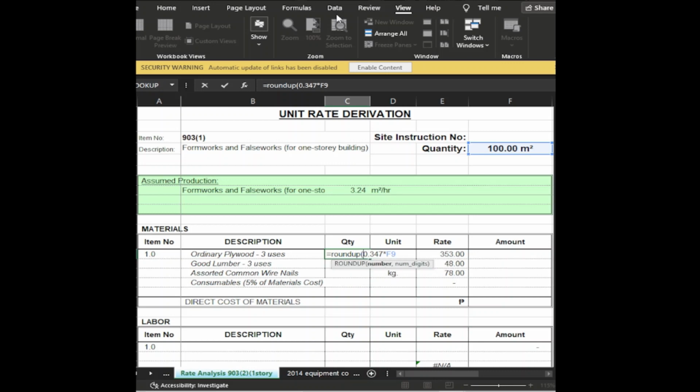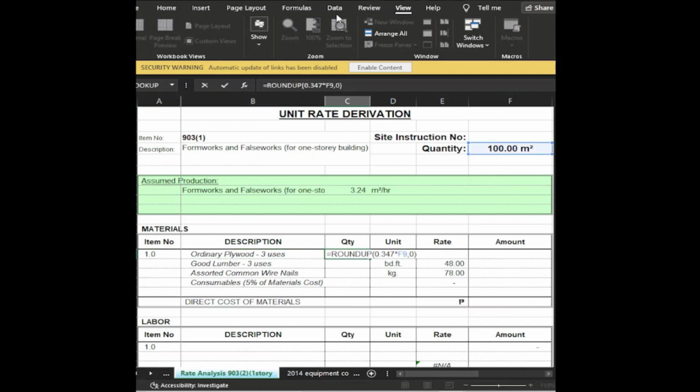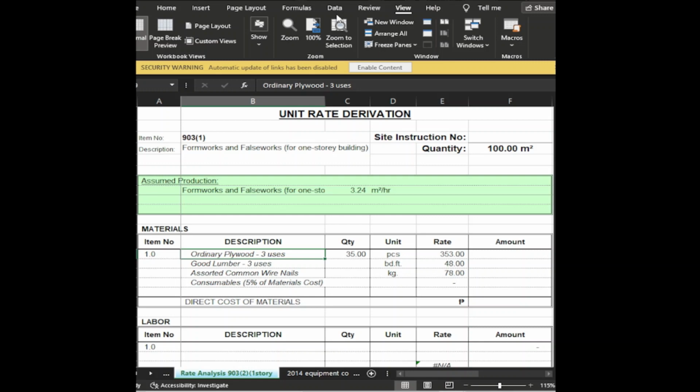We will put the round up, then 0. So it is 35 pieces of ordinary plywood. 0.347, guys, don't forget this number, because this is the factor of taking the plywood formworks for per square meter.